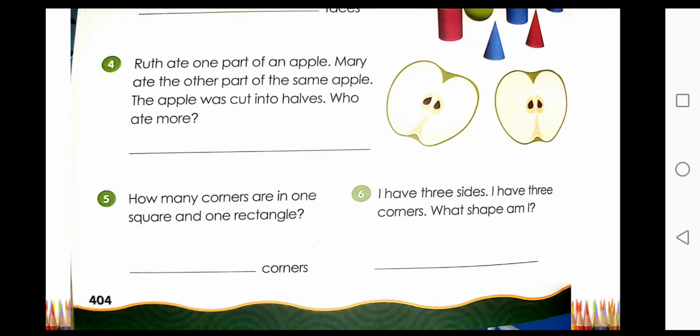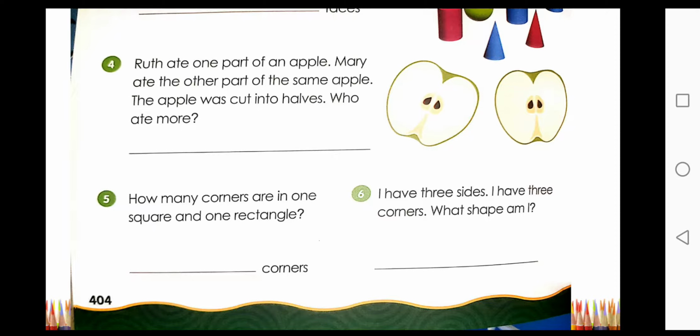Who ate more? Russ ate more than Mary, Mary ate more than Russ, or they ate the same amount. What do you think? No one ate more. They ate equal parts. Good.